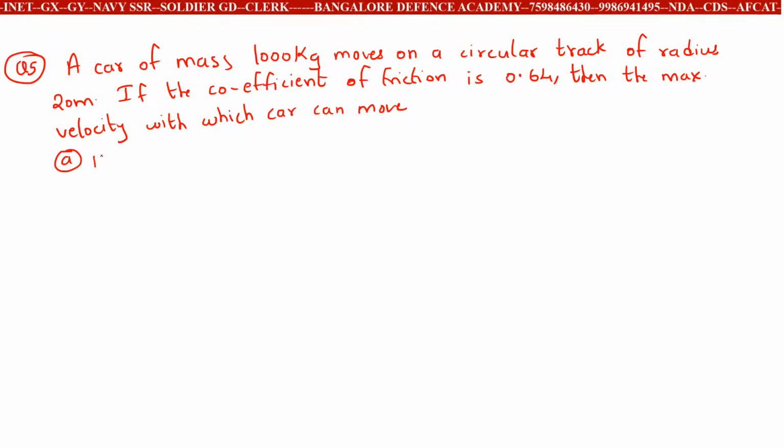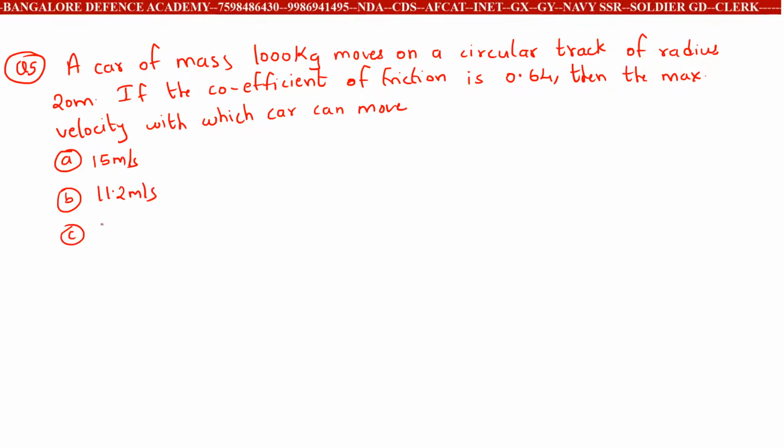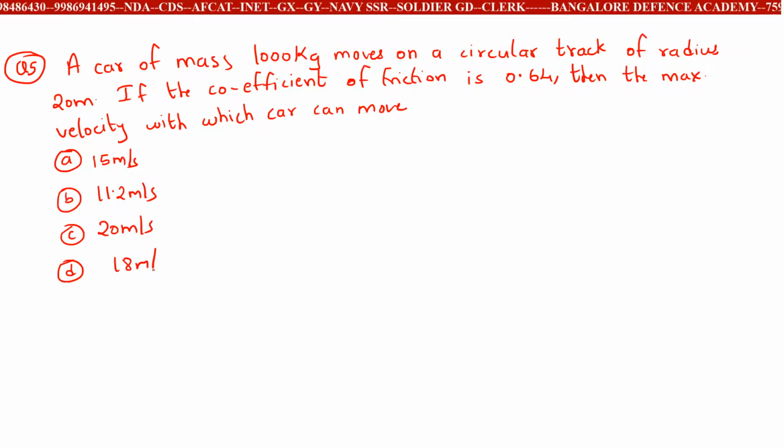Option A, 15 meter per second. Option B, 11.2 meter per second. Option C, 20 meter per second. Option D, 18 meter per second. And option E is 22.4 meter per second. Find out the answer.